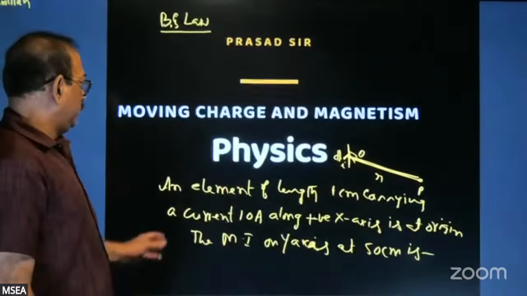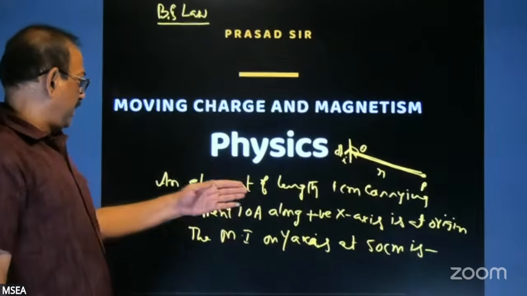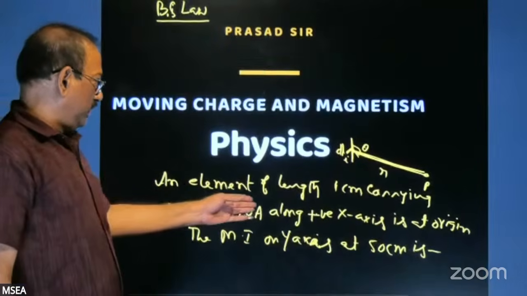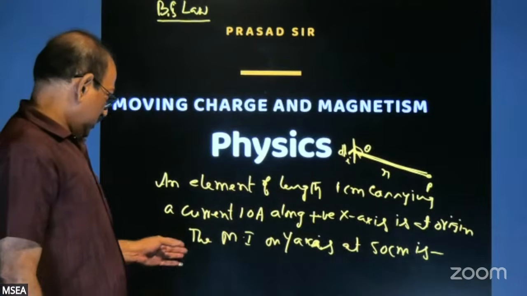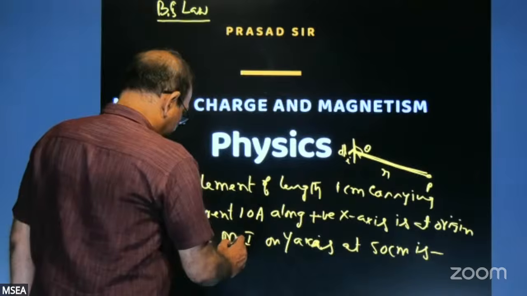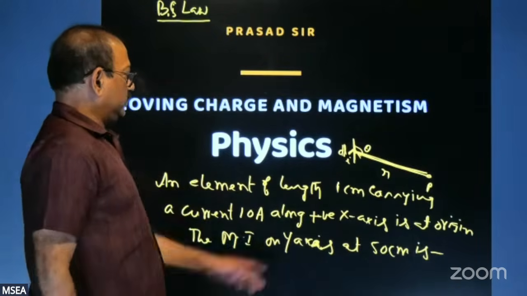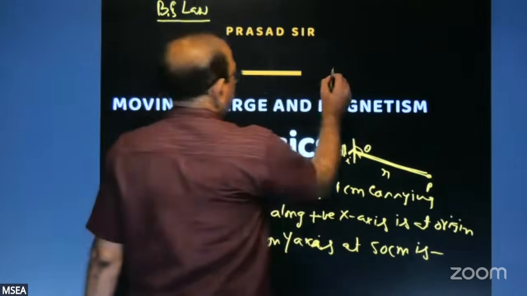An element of length 1 centimeter carrying a current of 10 ampere along positive x-axis is at origin. The magnetic induction on y-axis at 50 centimeter distance is dash.